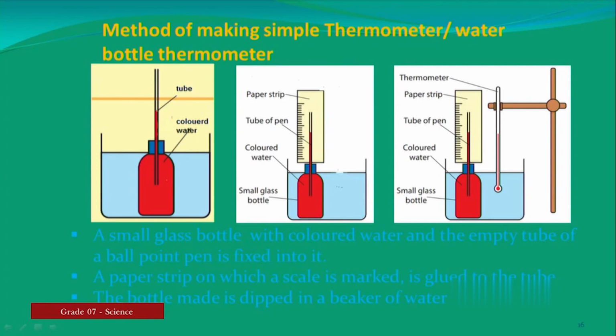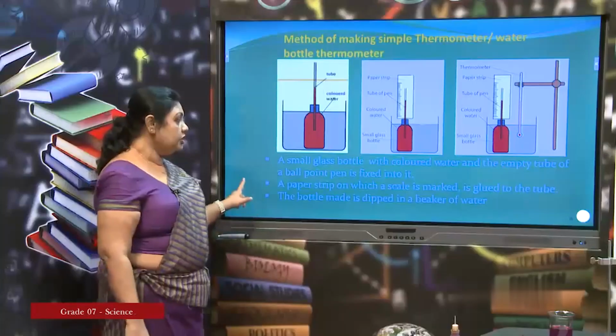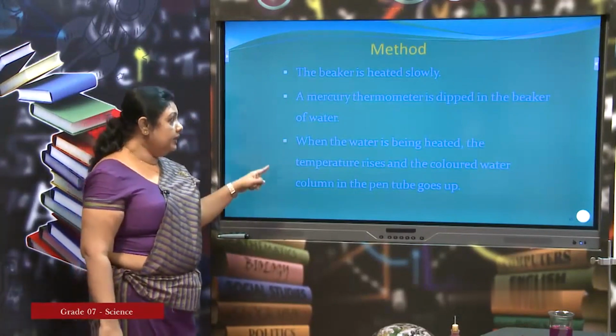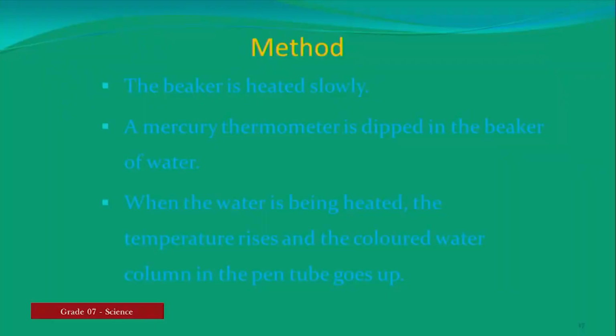A few times you do it again and again, for a few different temperatures, and after that you calibrate it. That means you mark the scale with the same spacing on the paper, and then you can form a bottle thermometer. So, you can easily make a bottle thermometer to measure temperature. Then the method is given here.